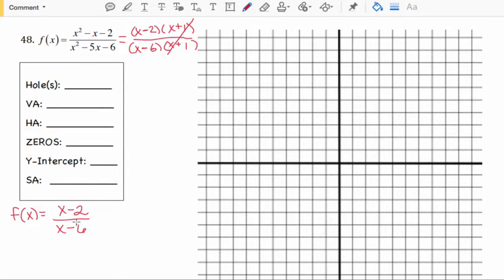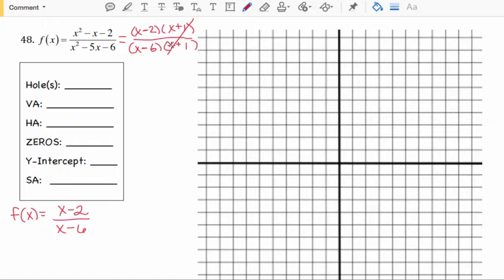If there happens to be a lot of factors left over in the problem, like there's more than just a single factor on the top and bottom, I usually like to look back at the original for the y-intercept and comparing my degrees of the numerator and denominator, but you can work off this new modified function for the rest of the problem if you want to.